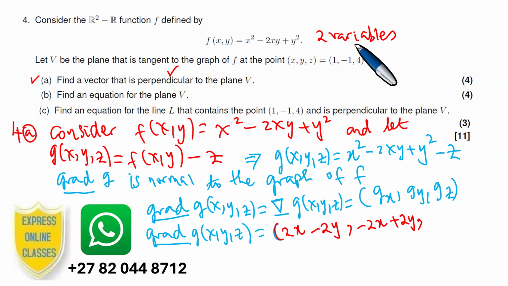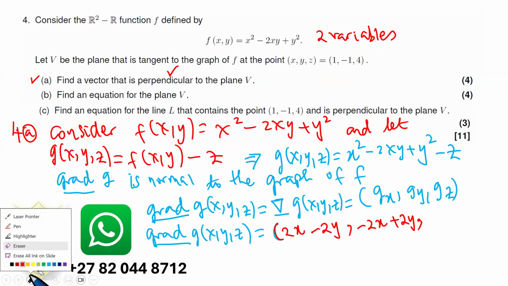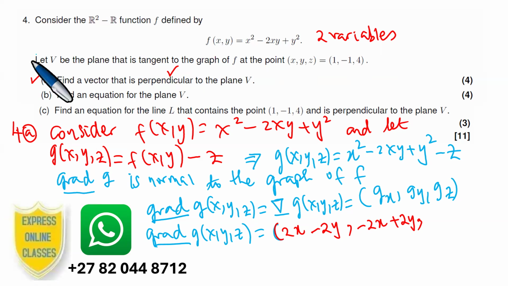As a consequence, this function here is a paraboloid, because if you look at it very carefully, the function f of x and y is x minus y squared, which is exactly this.